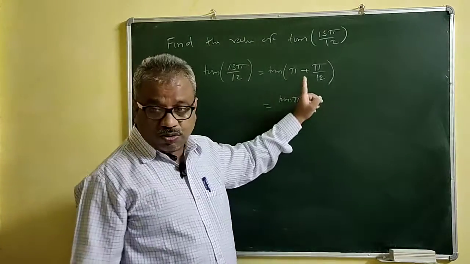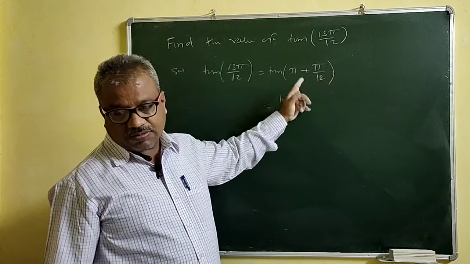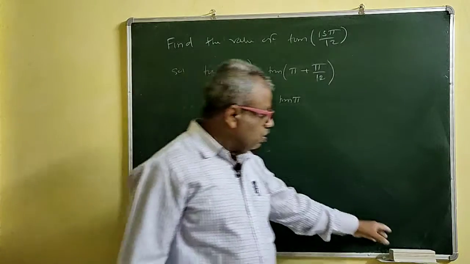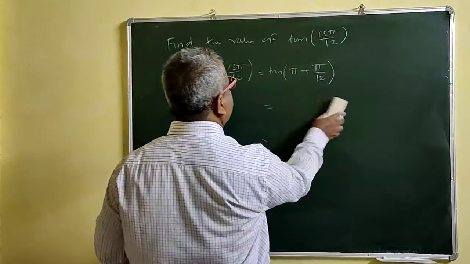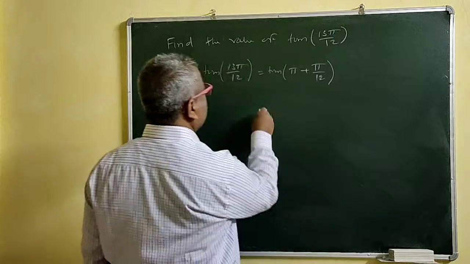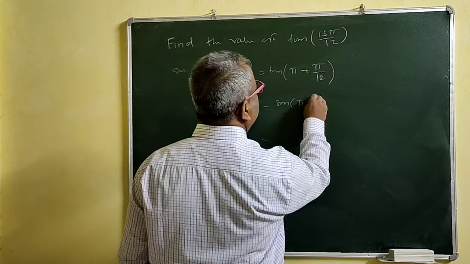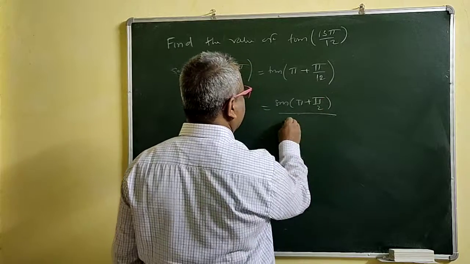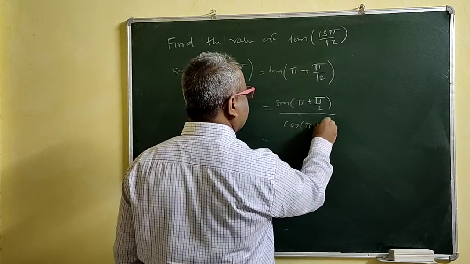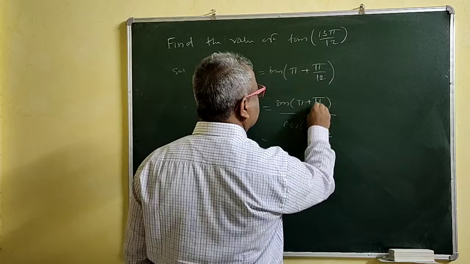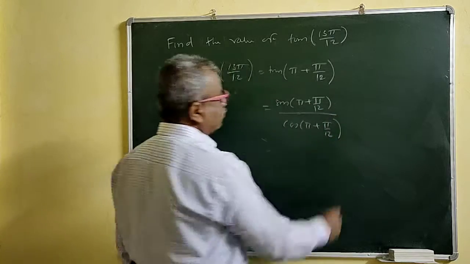So what we have to do now? We'll apply this in terms of sine and cos. So sine of pi plus pi by 12, and cos of pi plus pi by 12.